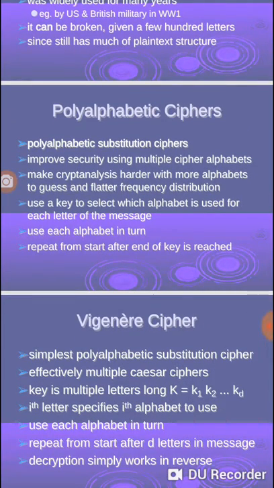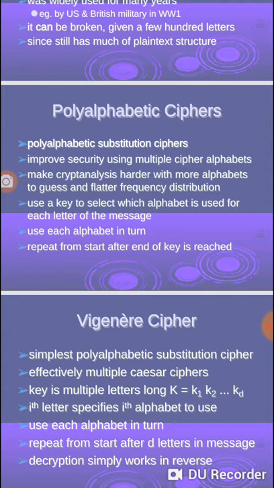Now the polyalphabetic cipher. How does the polyalphabetic cipher work? It is also a type of substitution cipher. It improves the security using multiple cipher alphabets. It makes cryptanalysis harder with more alphabets to guess and a flatter frequency distribution.